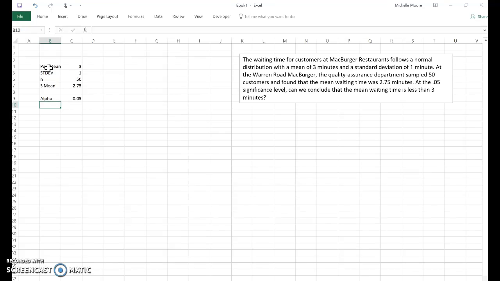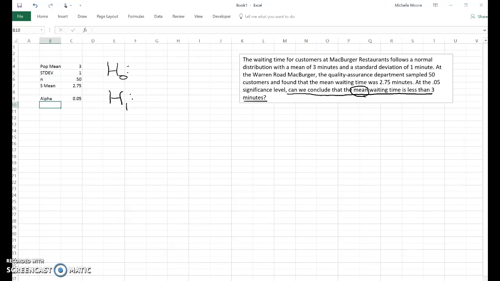Okay, so when we did this first page together, if you were in class, I tell you always make sure that you are underlining what the question is. And the question is, can we conclude that the mean waiting time is less than 3 minutes? What we're focused on specifically in this question is the mean, so I'd recommend circling that word. If we're writing our null and alternate hypothesis statements, I'm sorry about my handwriting on the computer like this, but our variable is the mean and we are comparing it to a number.